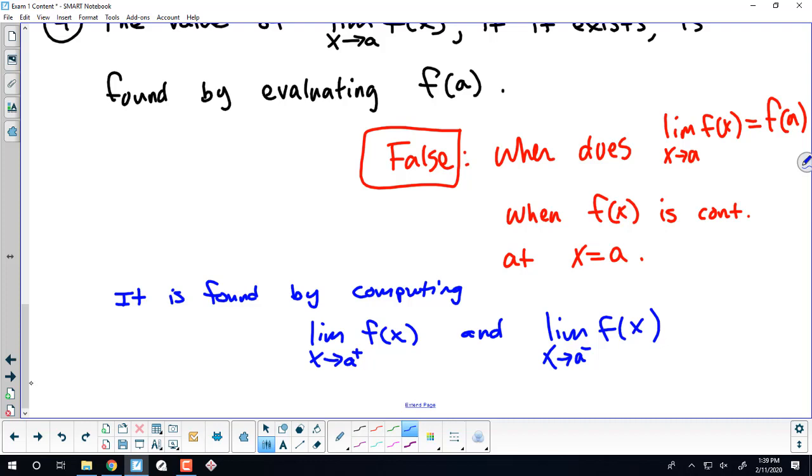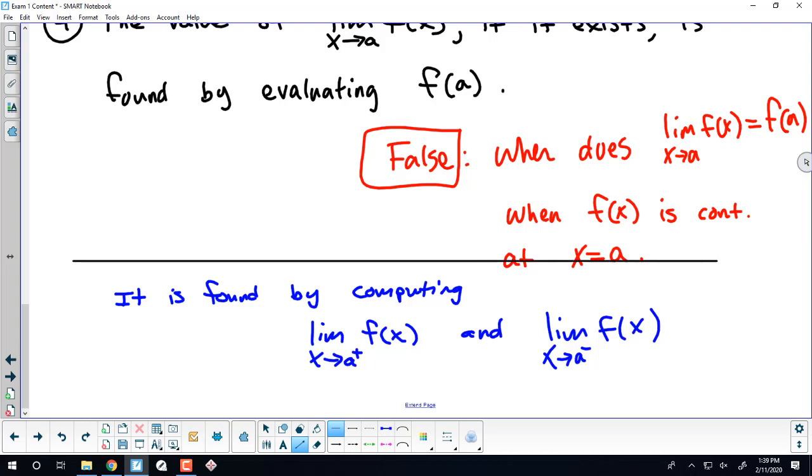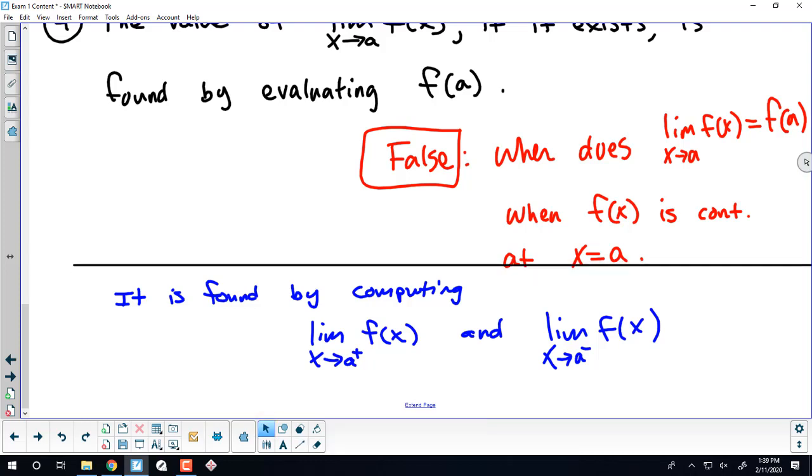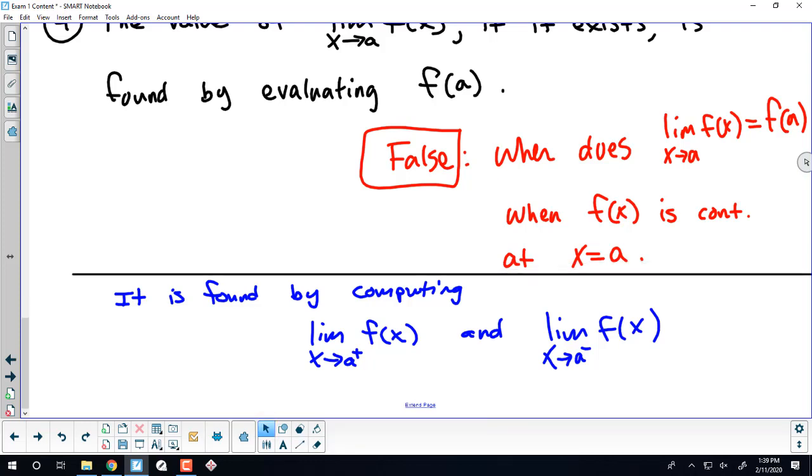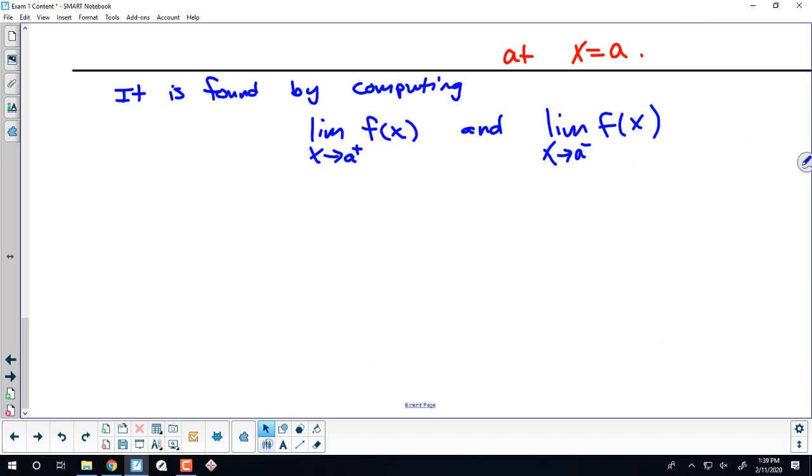If the function's not continuous at a, yeah, so I don't know. I maybe give partial credit for that because it's kind of not addressing the question. Something to the effect of, that might be relevant.